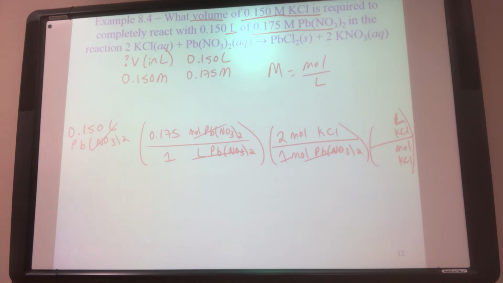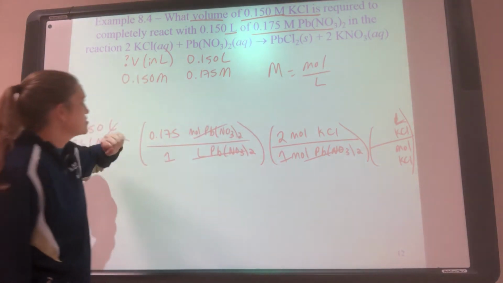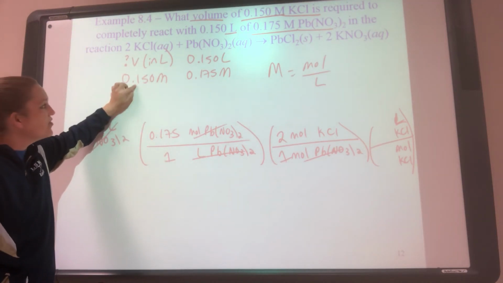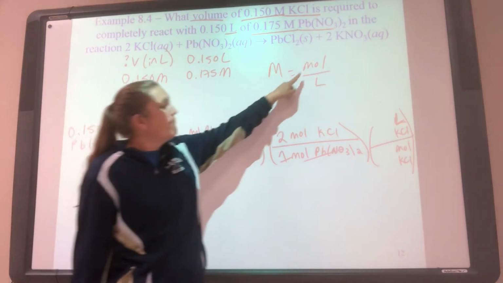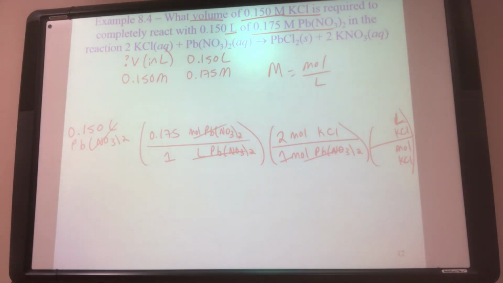What has moles and liters? Molarity. So what is the molarity of my KCl? 0.15. The 0.15 goes with the moles, so 0.15 goes on the bottom, and the 1 goes on top. So now I have the liters of my KCl.